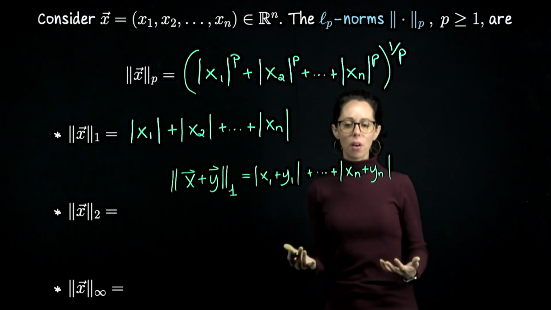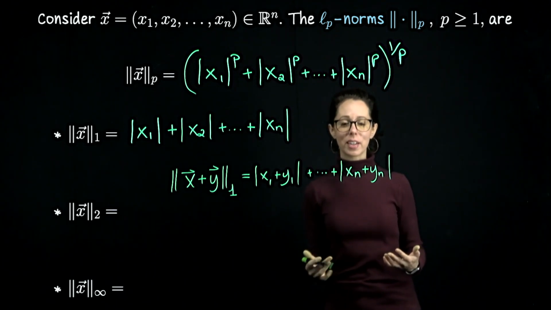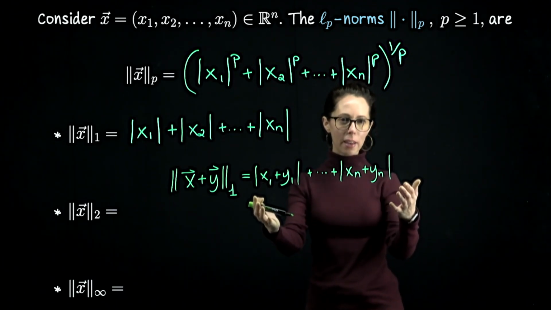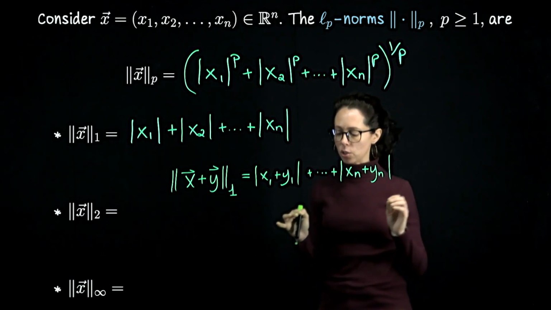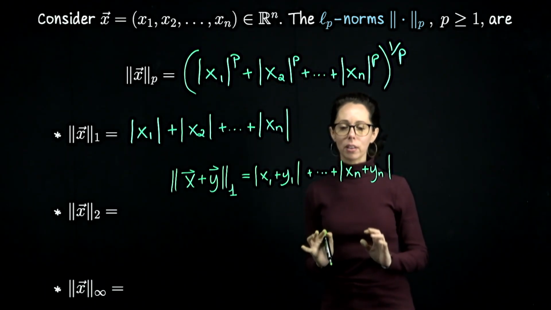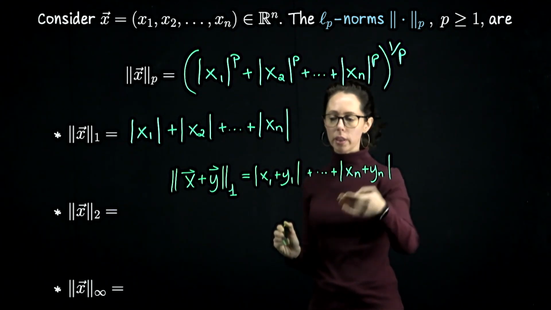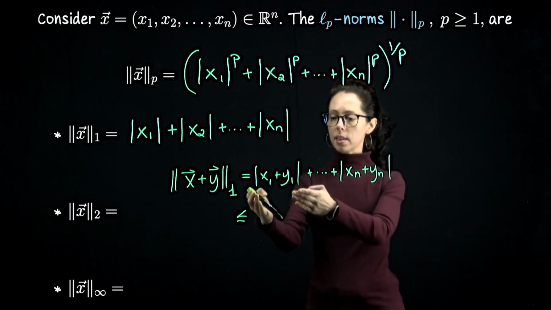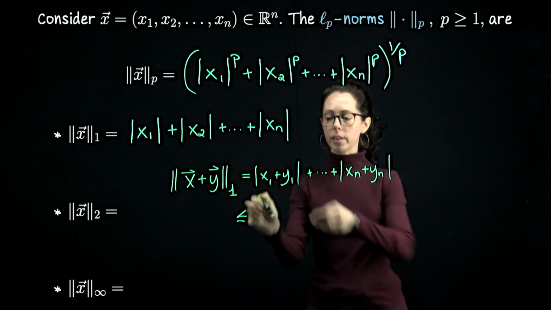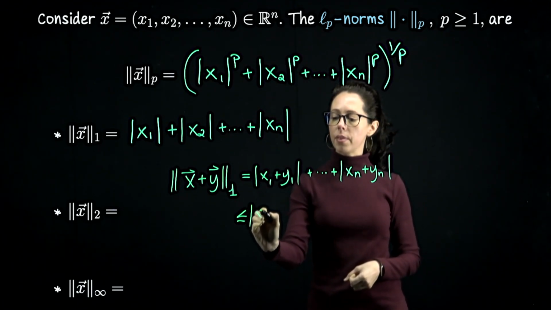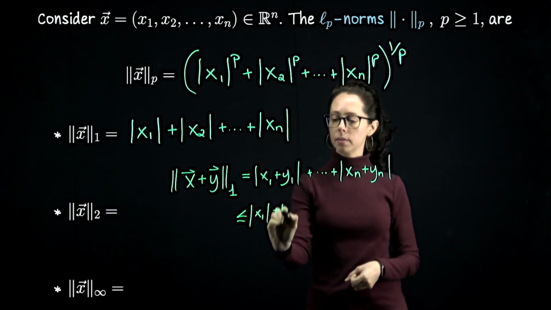I'm assuming that we've already shown in first semester real analysis how absolute value behaves, because at that point, when you come into this class, you should have really worked through the Euclidean real line so that we know that the triangle inequality applies to each of these individual expressions. So the absolute value of this sum of real numbers is less than or equal to the sum of their individual absolute values.